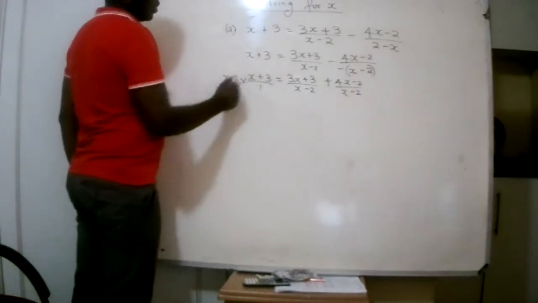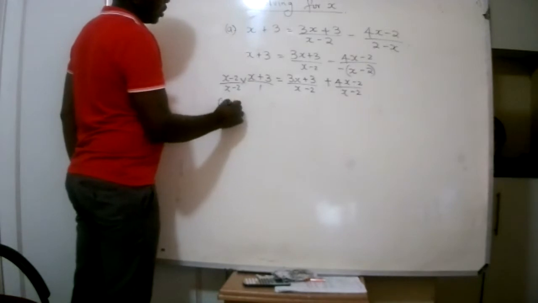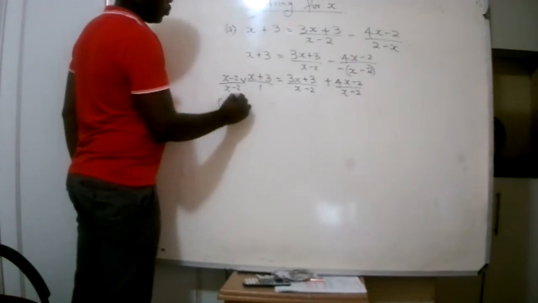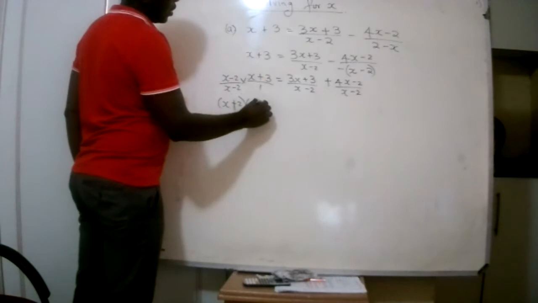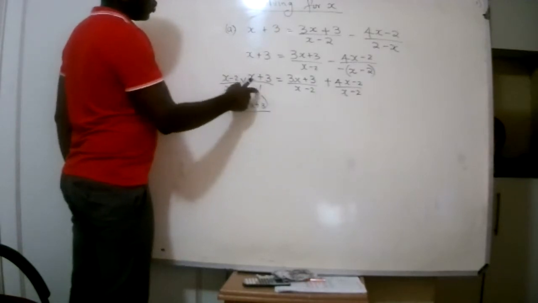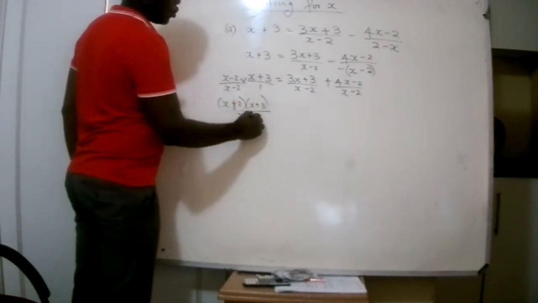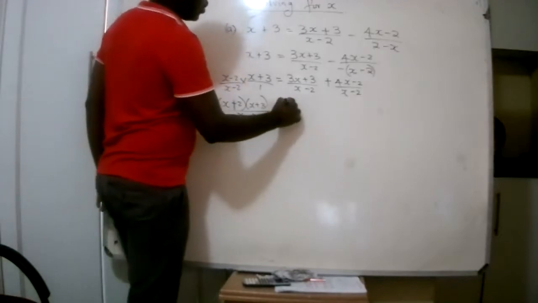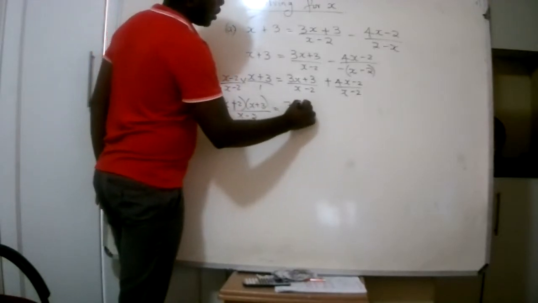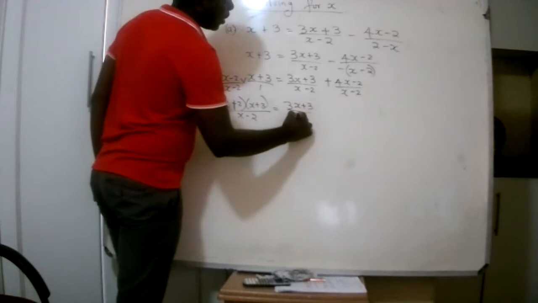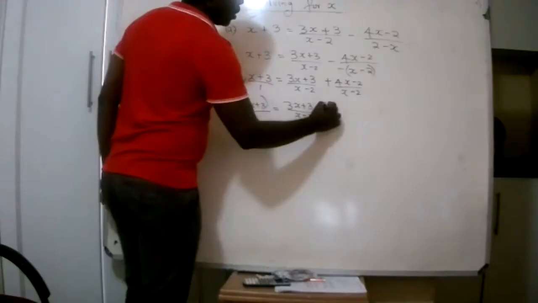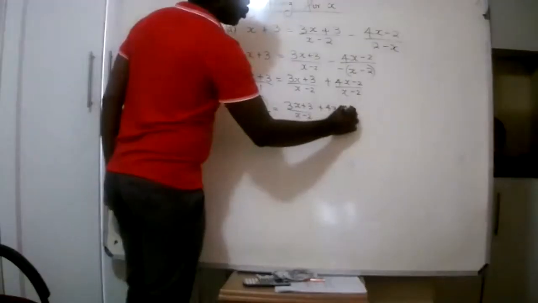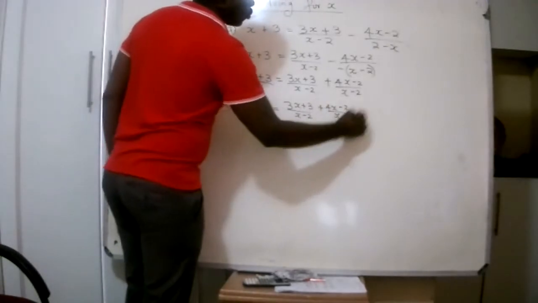Then from there we multiply these two. We're going to obtain x minus 2 into x plus 3, and then from there we multiply this with that. We're going to obtain x minus 2, and this we equate with 3x plus 3 divided by x minus 2 plus 4x minus 2 divided by x minus 2.